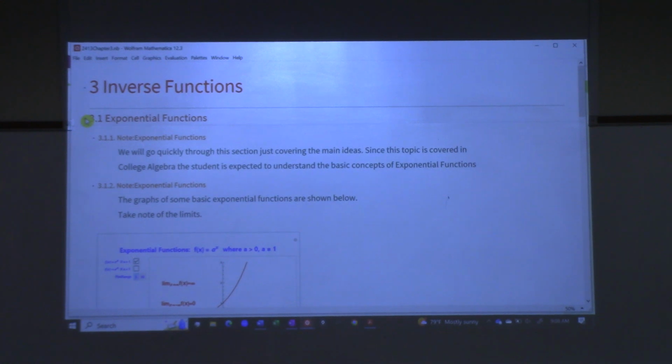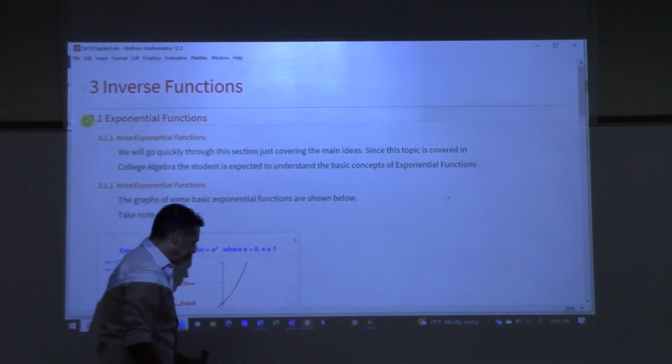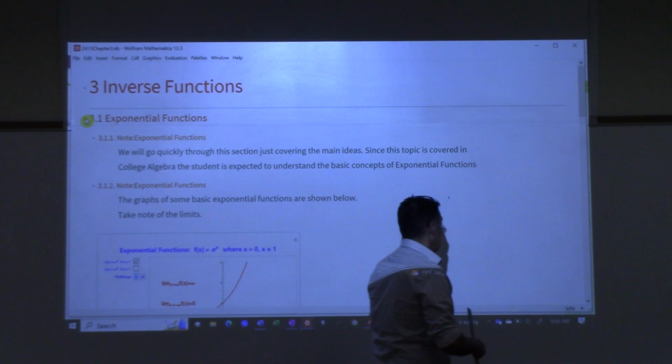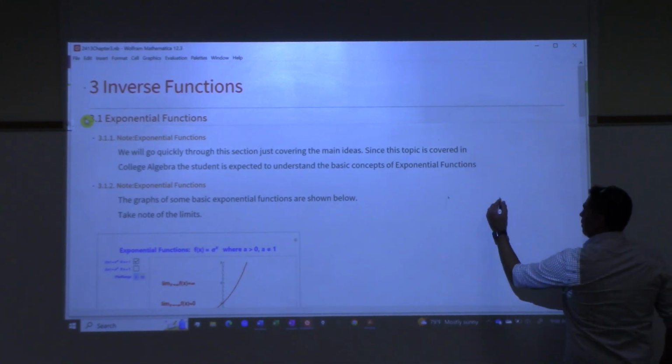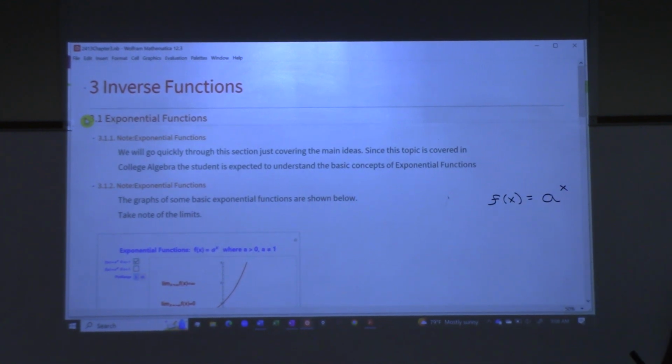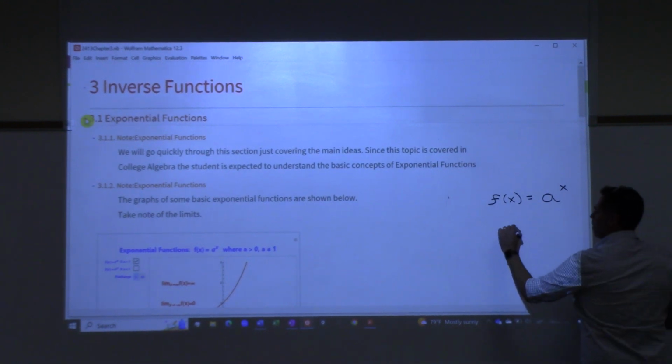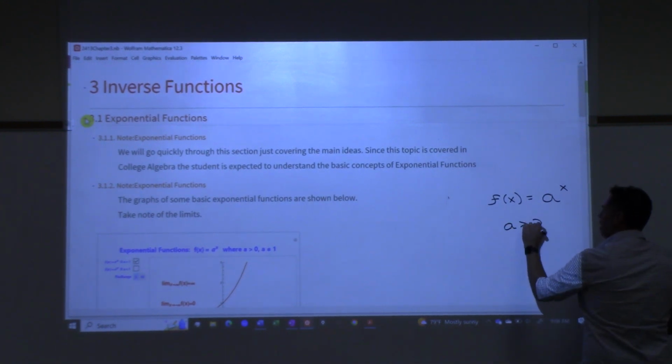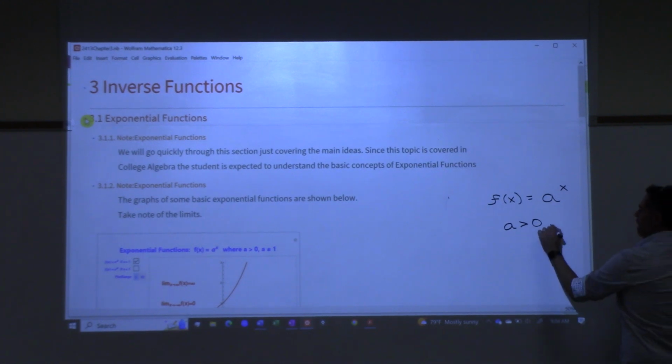So I expect everyone here to at least remember, somewhere in the cracks of your short-term memory, this idea of a function f of x equals a to the x, where a is some positive number, and a is not 1.